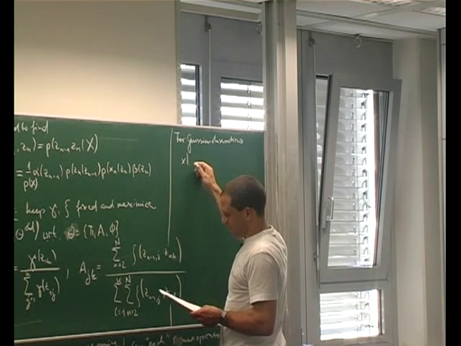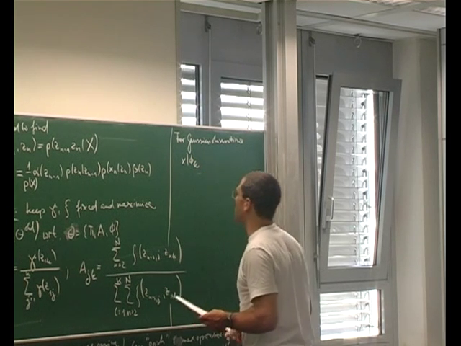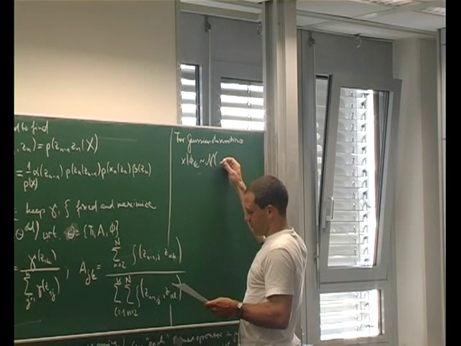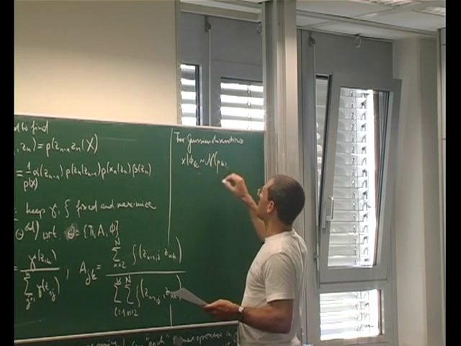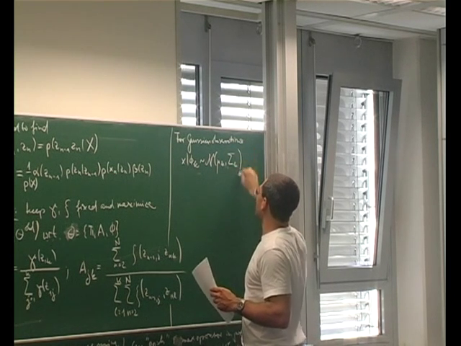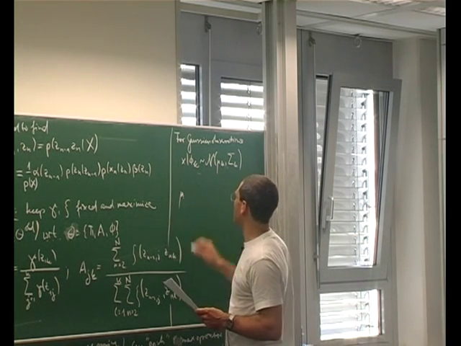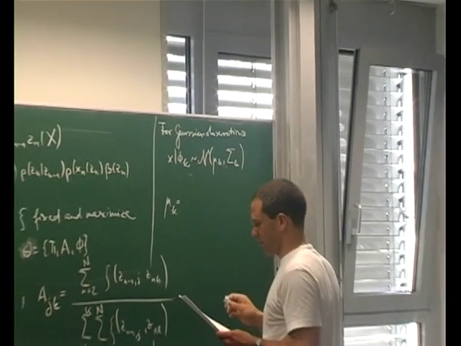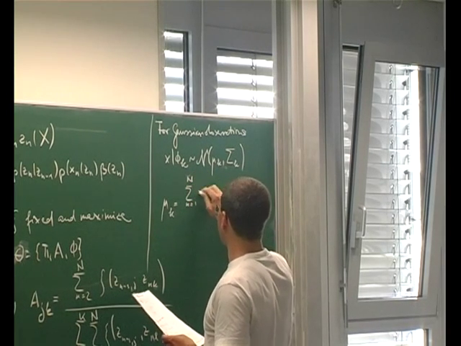It means the observation that you would expect when being in hidden state number k has a normal distribution with some mean mu. It's not a message now, but it's the mean of the Gaussian, and some covariance. And we now get the equations for update of these parameters. So the mean for hidden state number k can be computed from the gammas.